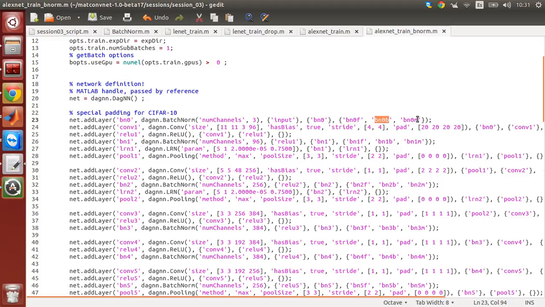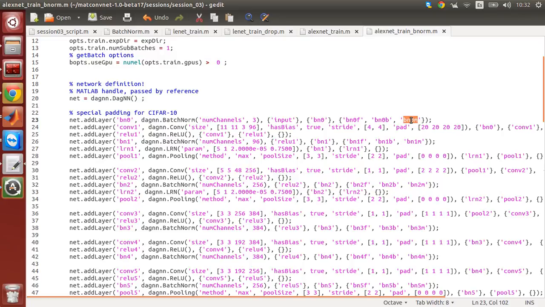We have the scaling factors, one per channel, so in this case 3. The shift or the biases, again one per channel, and then we have the momentums.